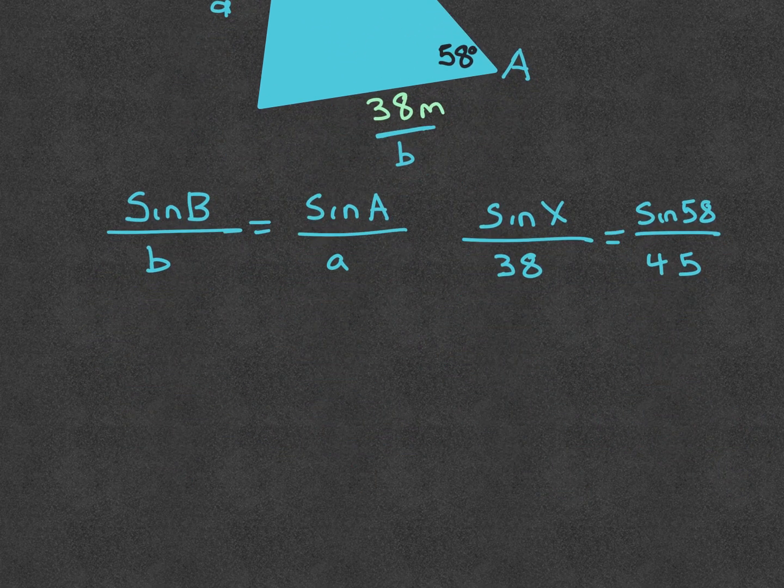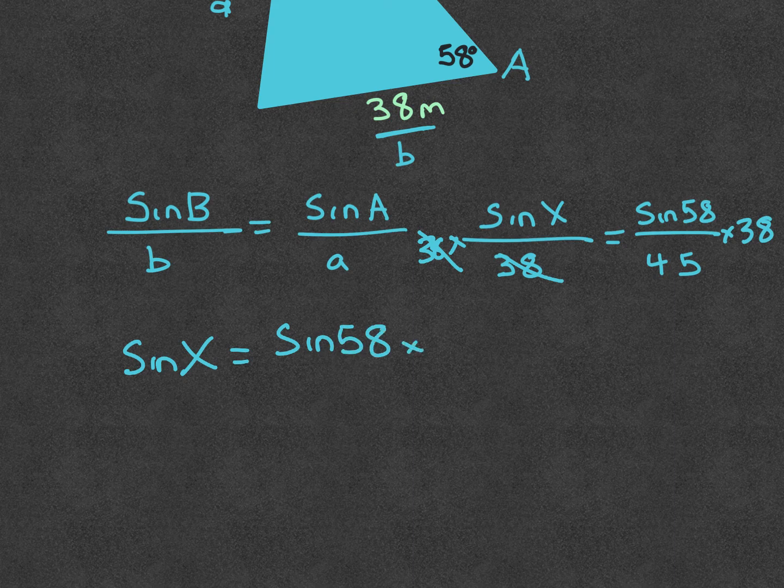Now we want to rearrange this equation again because we want to find this value of X. So if we multiply both sides by 38, it cancels out on this side, and what we're left with is sine X equals sine 58 times 38 divided by 45.